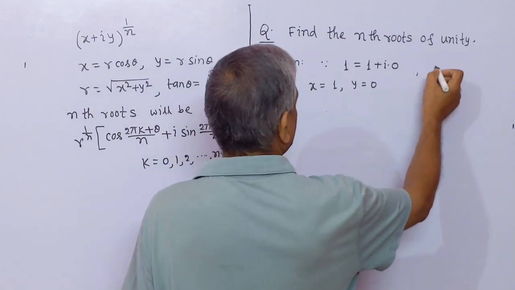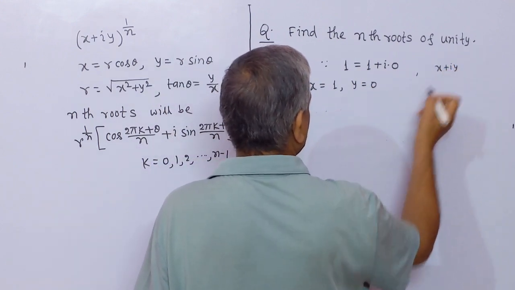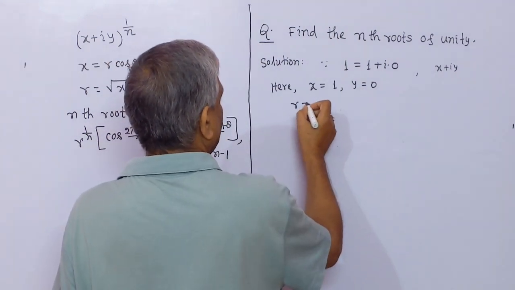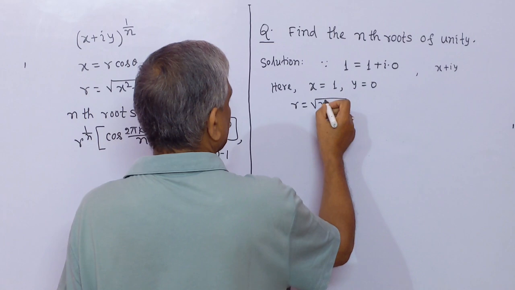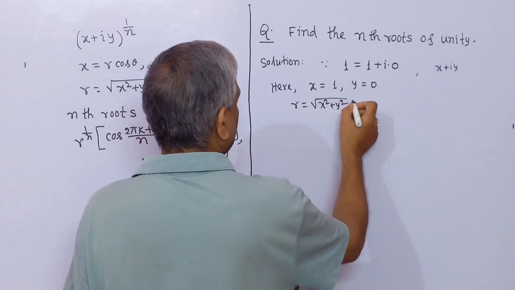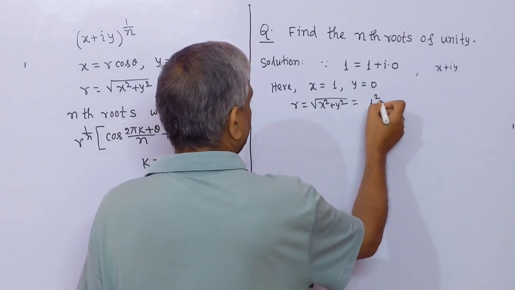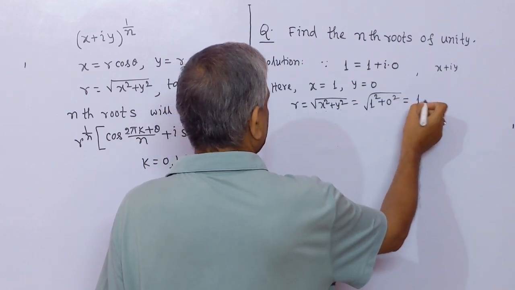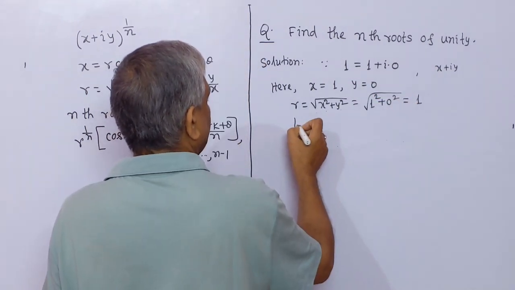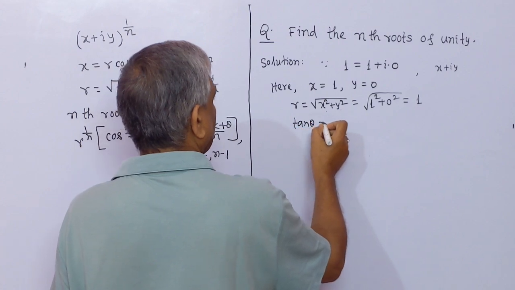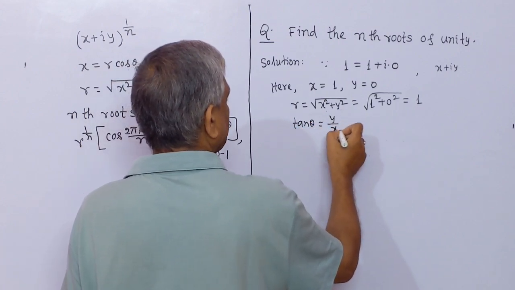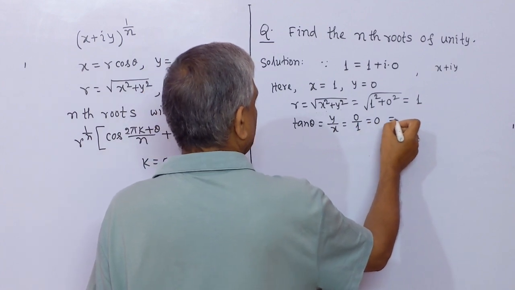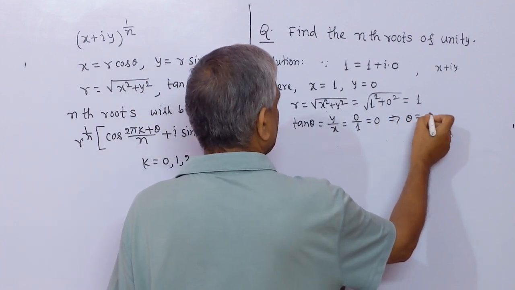This is of the form x plus iy. r equal to square root of x square plus y square, means 1 square plus 0 square, means 1. Tan theta equal to y by x, means 0 by 1 equal to 0, implies that theta equal to 0.